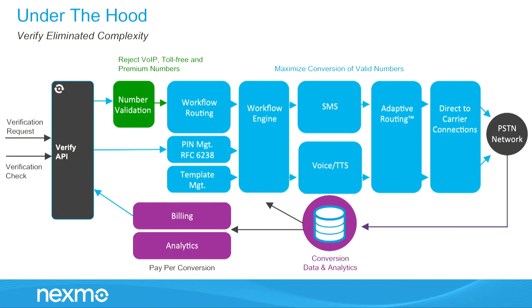Then we have this direct-to-carrier model, so we can deliver a message to all the networks around the world, and also cover it in one hop. Basically, we are directly connected to 50% of the carriers around the globe, which is not very common. You will find a lot of SMS aggregators, but those guys are actually buying from us.